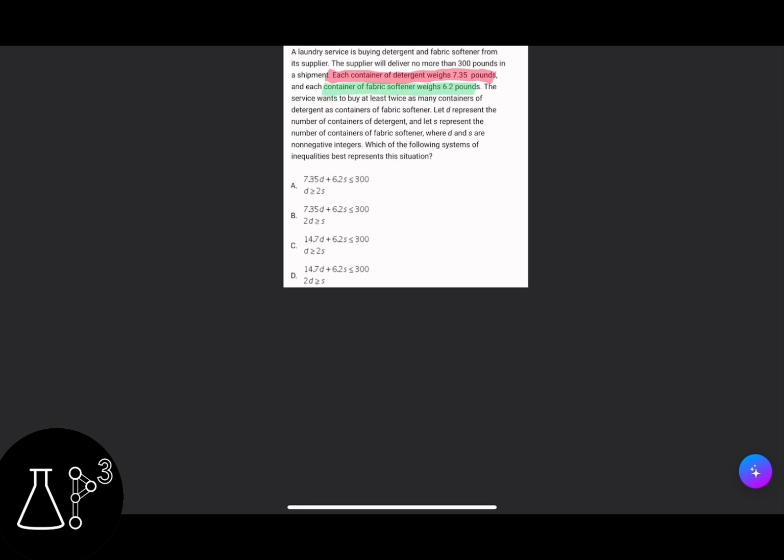The service wants to buy at least twice as many containers of detergent as containers of fabric softeners. Let D represent the number of containers of detergent, and let S represent the number of containers of fabric softener, where D and S are non-negative integers. Which of the following inequalities best represents the situation?